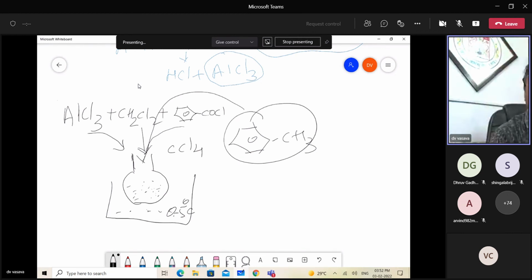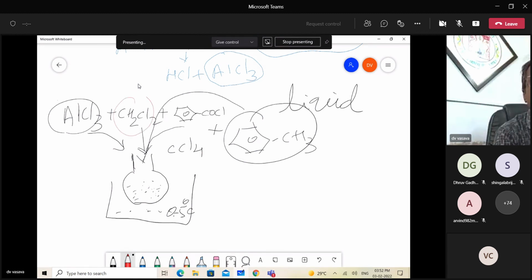Toluene is also a liquid. So now all the things are there. What are there? Five things: AlCl3, MDC, benzoyl chloride, CCl4, and finally the toluene.